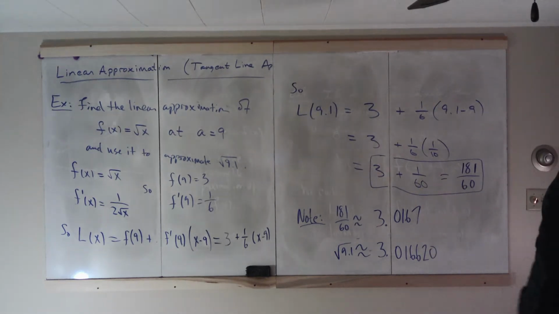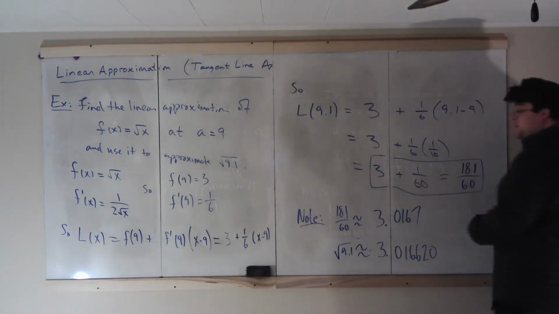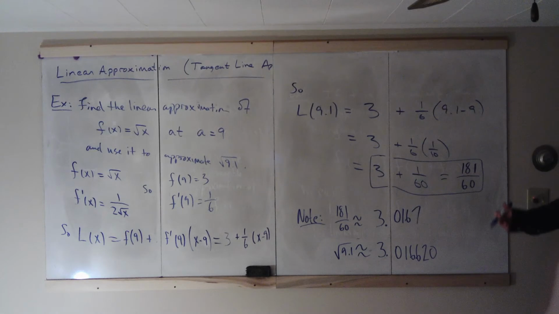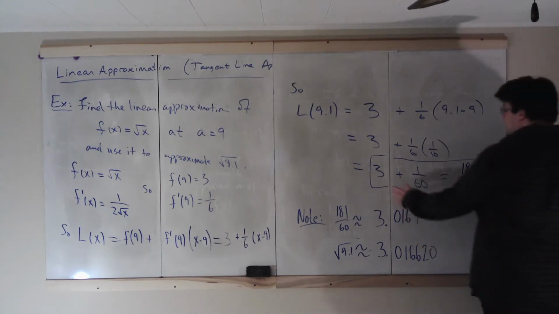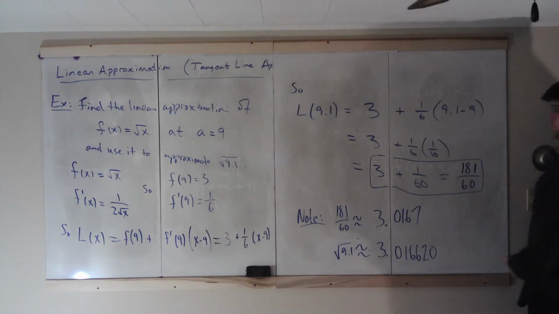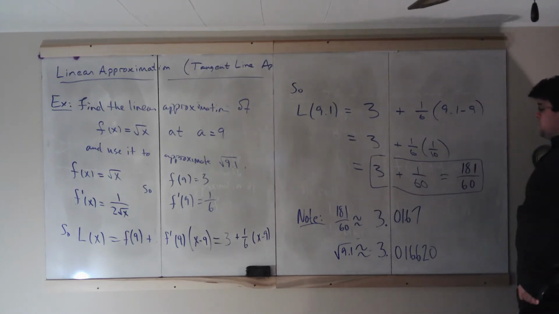So this does give us a pretty good approximation. Notice also, square root of 9.1 we would expect to be a little larger than 3. And right here, we see that our answer is a little larger than 3. It's 3 with another 1/60th.